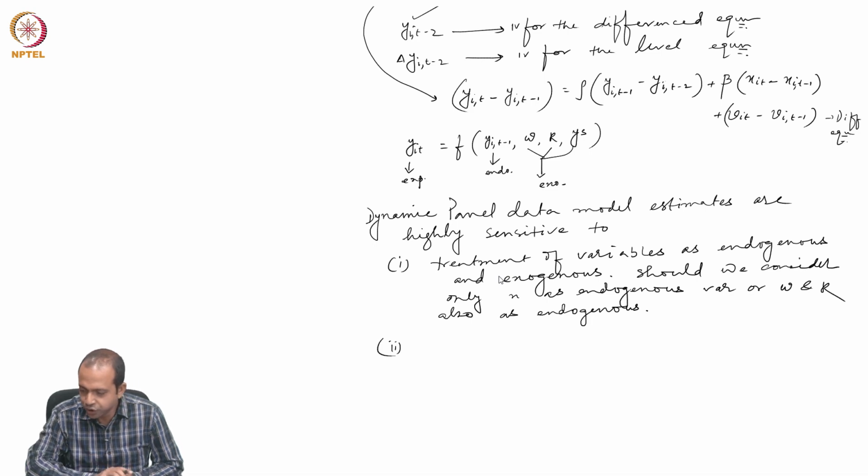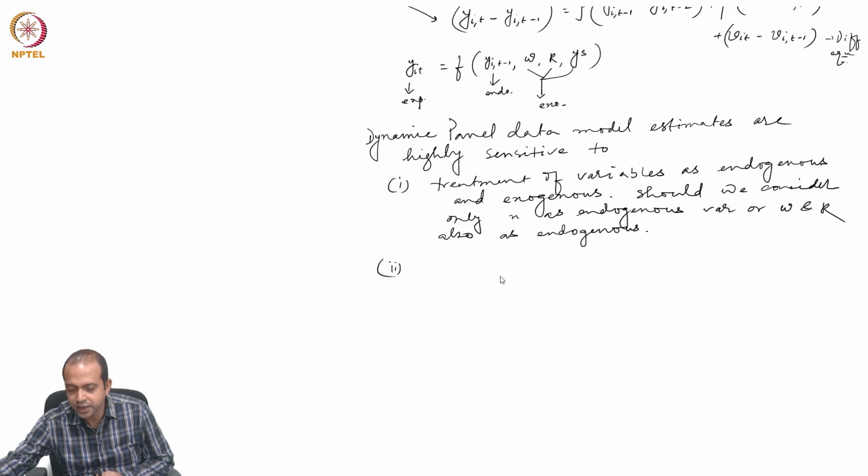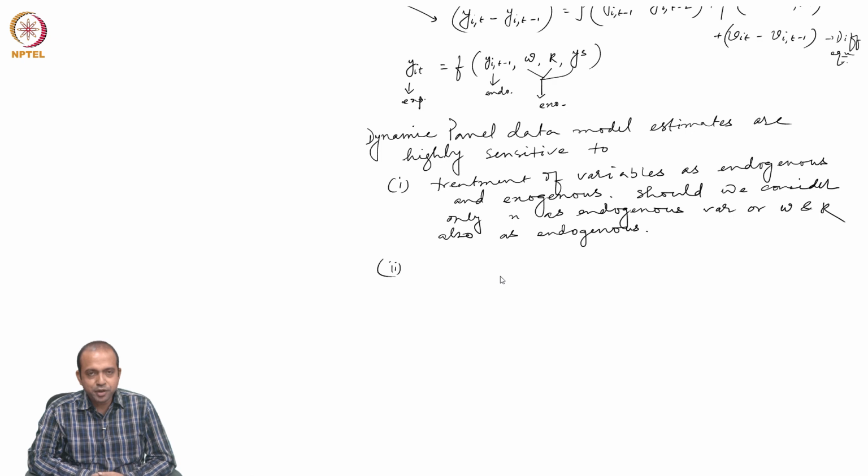So, if your theory says no, W and K can also become endogenous while estimating employment, then we must include W and K also within the GMM style bracket, which specifies what should be your GMM style instruments and what should be your standard IV style instruments.